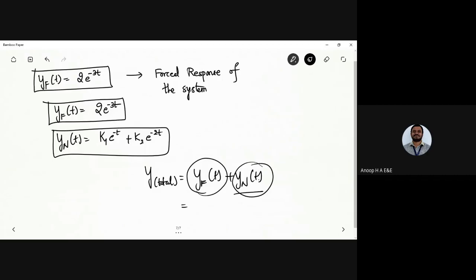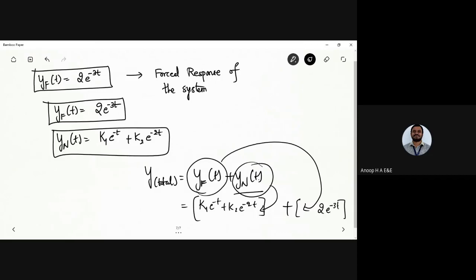Now I can just add both of them. So I'll have k1 e power minus t plus k2 e power minus 2t as the natural response, and the forced response, 2 times e power minus 3t.